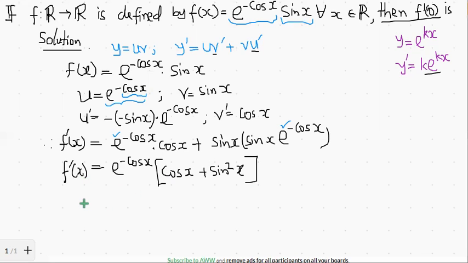Now at x equal to 0, f prime of 0 will be equal to e to the negative power of cos 0, times cos 0 plus sine squared 0.